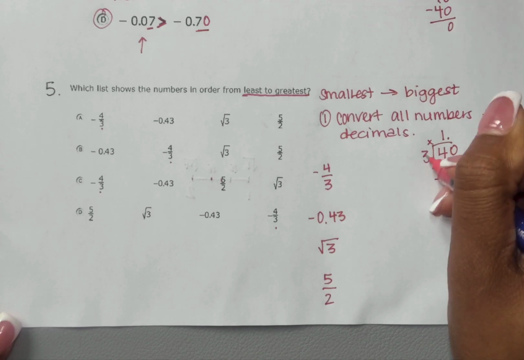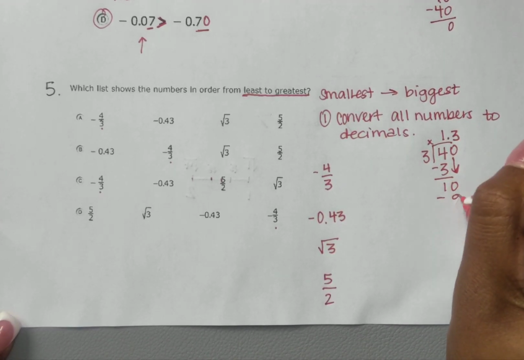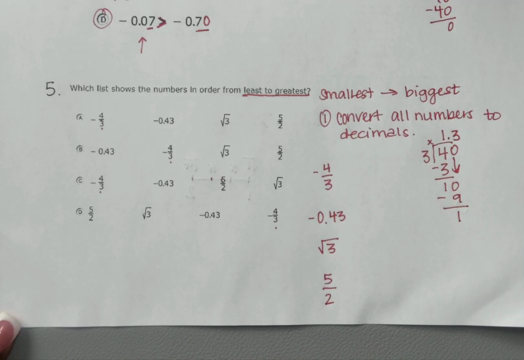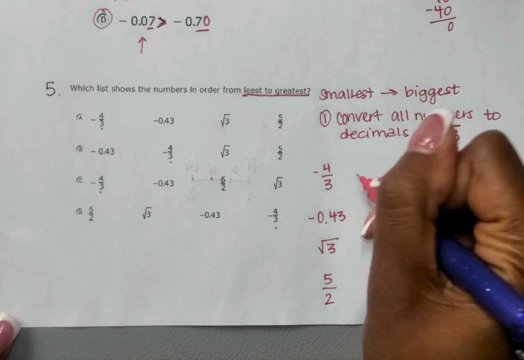Bring that down. 3 goes into 10 3 times, taking away 9, and we are left with 1. At this point, we should recognize that if we end up with 1, we're going to add a 0 and keep getting the same number over and over again. So we're going to put that as a repeating decimal.